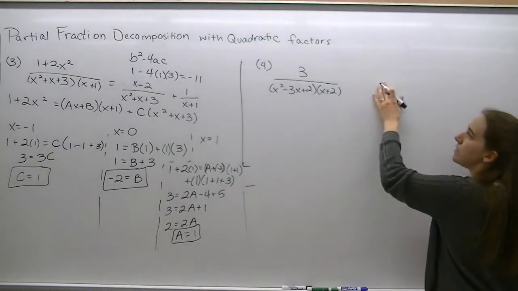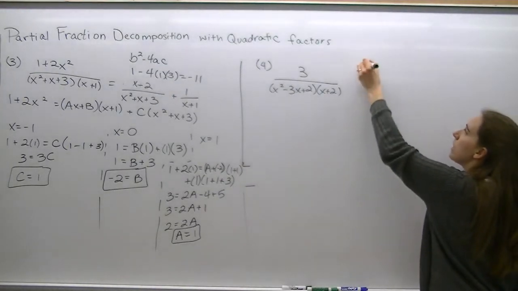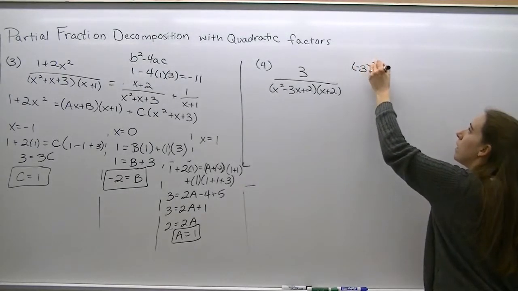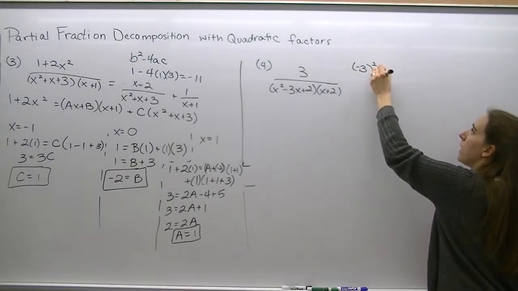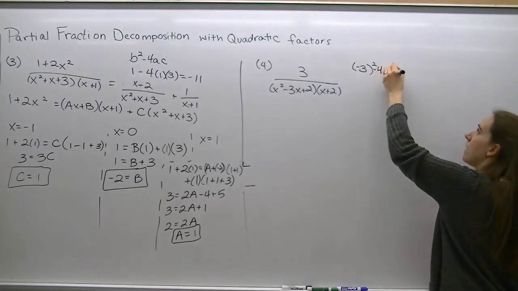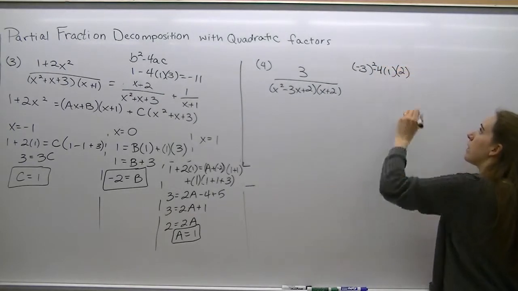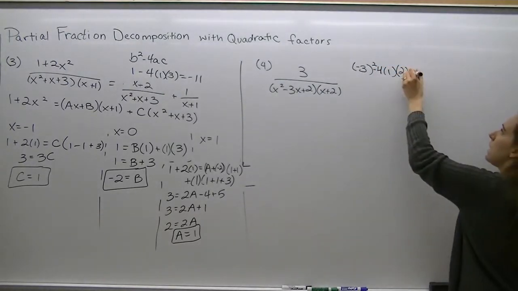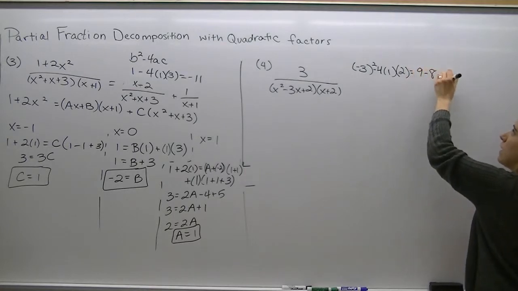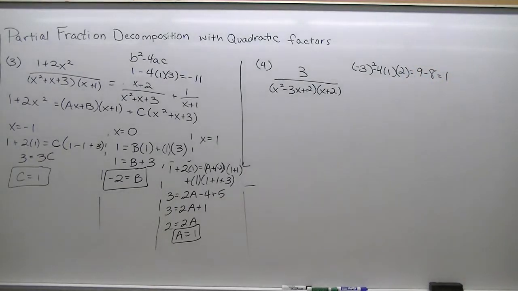So if I take the discriminant, I get -3 squared minus 4 times a times c. Well, that gives me 9 minus 8, which is +1. So that means that this quadratic does have real solutions.